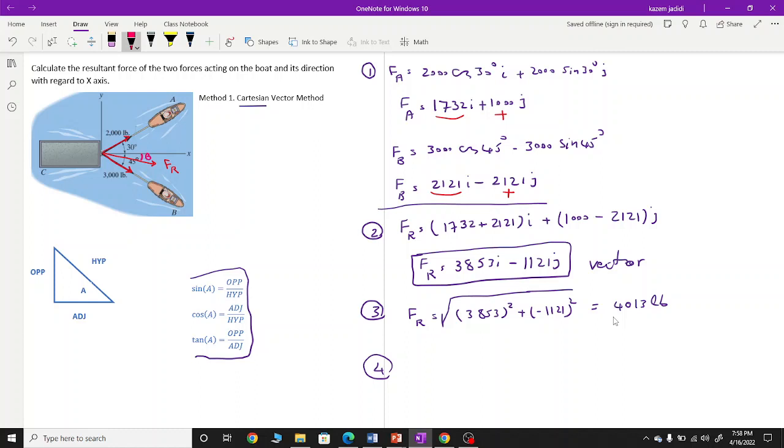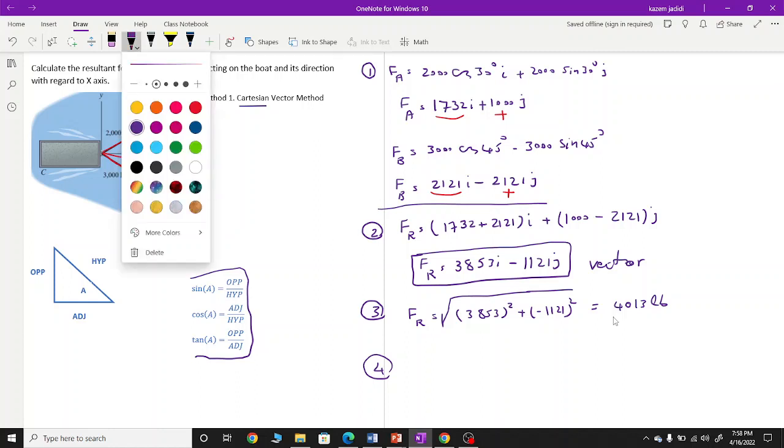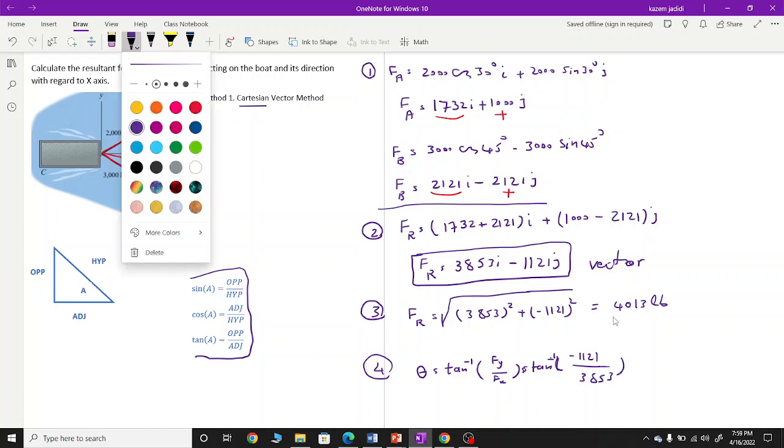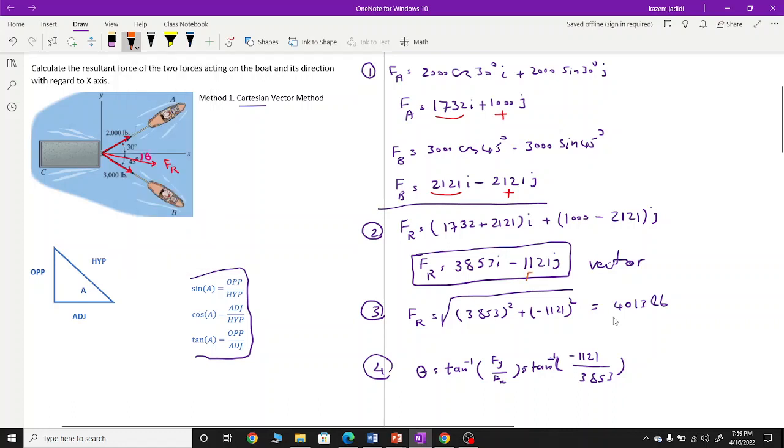And step 4, usually it asks to find the direction of this resultant force, which is this angle theta with regard to x, and that's equal to tangent inverse of Fy divided by Fx, which is tangent inverse of negative 1121 divided by 3853, because this is our Fy and this is our Fx.